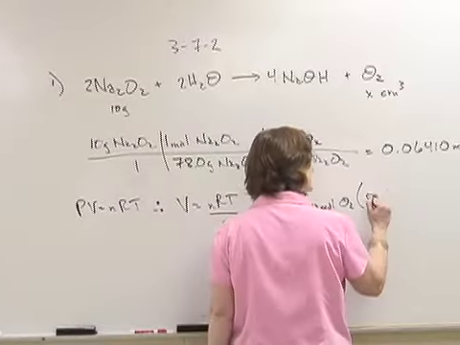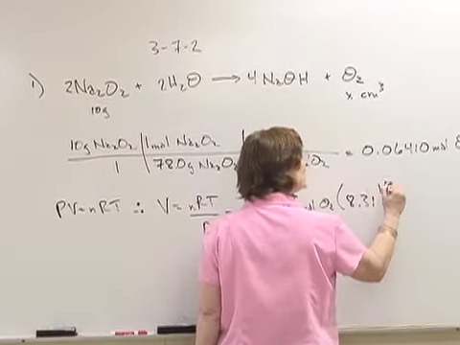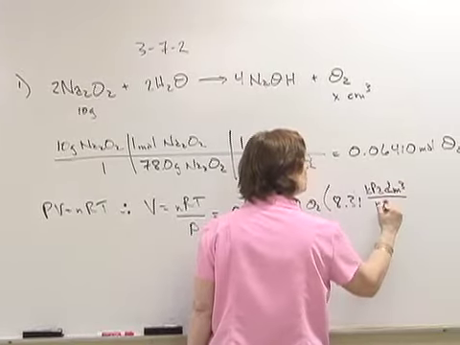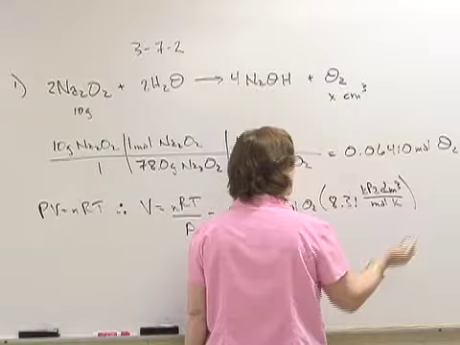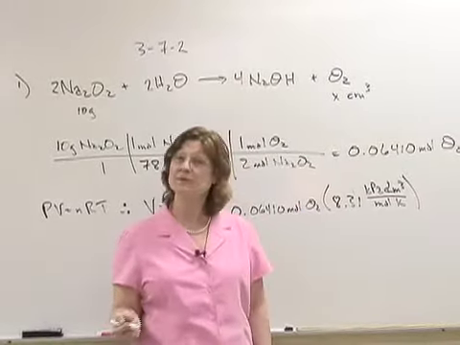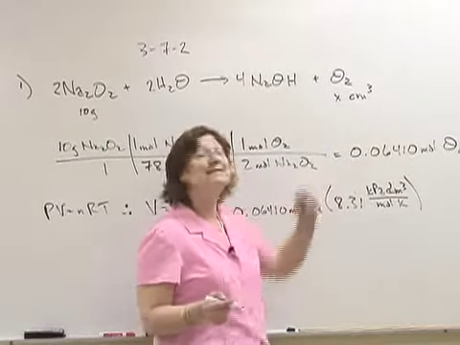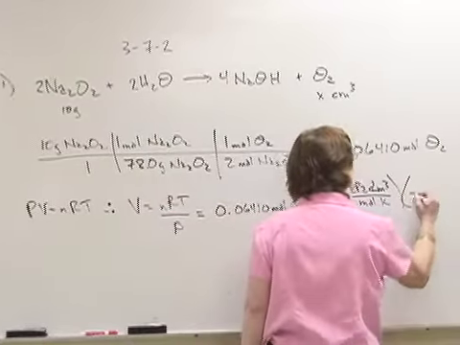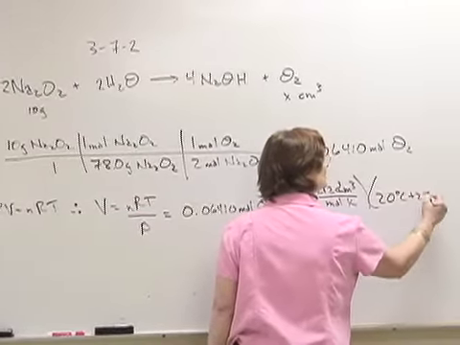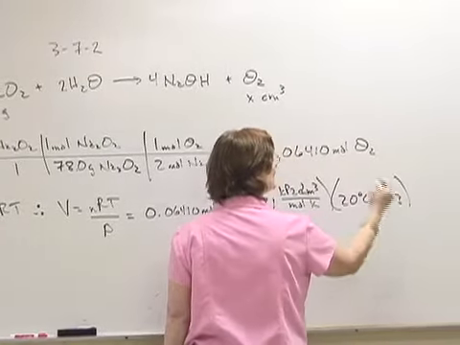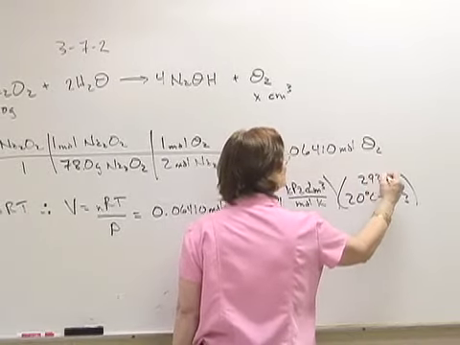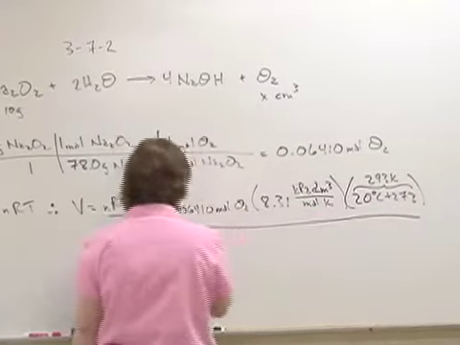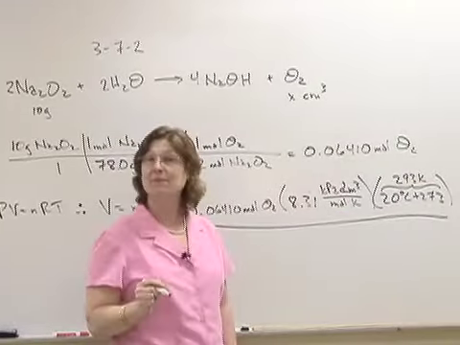And that value is 8.31 kilopascal decimeters cubed per mole Kelvin. And the reason I'm using decimeters cubed is because I'm going to be changing to centimeters cubed. And then the temperature is 20 degrees Celsius plus 273, and that gives me 293 Kelvin. And I divide that whole thing by my pressure.